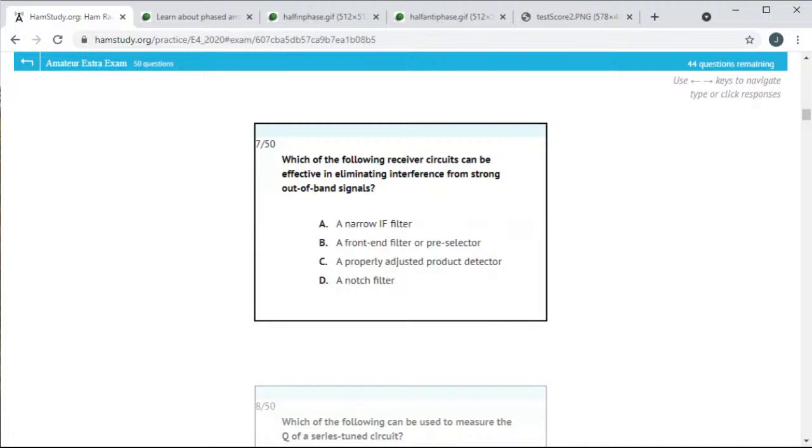Which of the following receiver circuits can be effective in eliminating interference from strong out of band signals? A, a narrow IF filter. B, front end filter or preselector. C, a properly adjusted product detector. D, a notch filter.